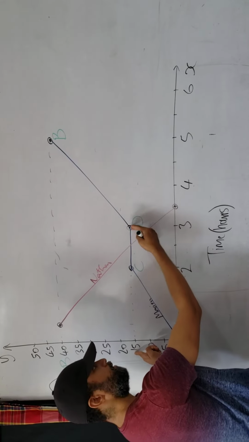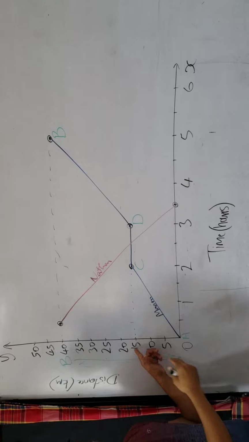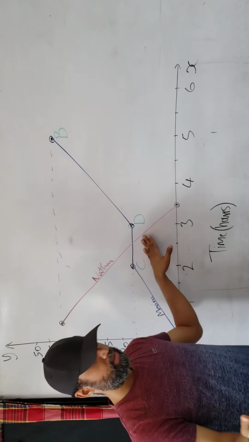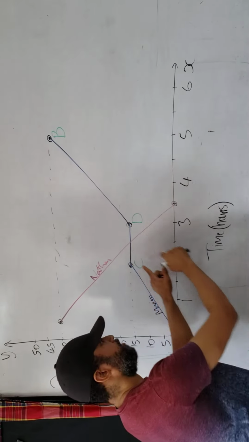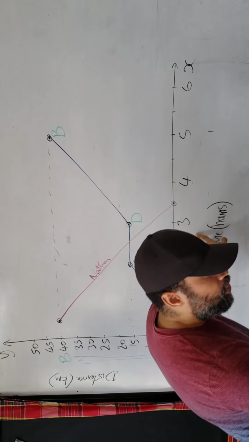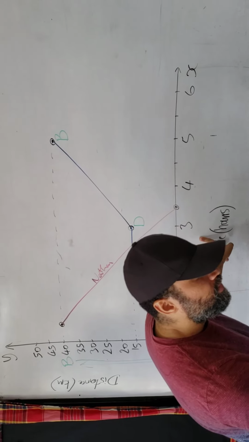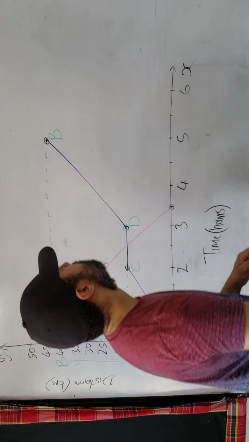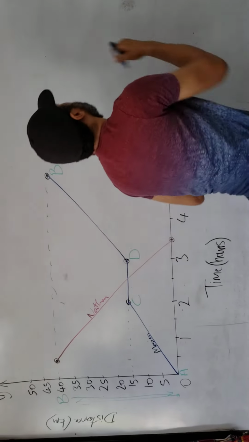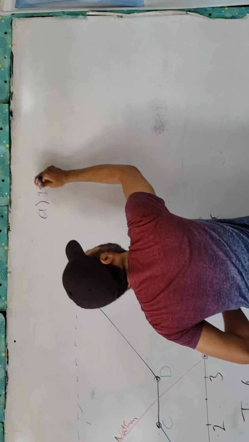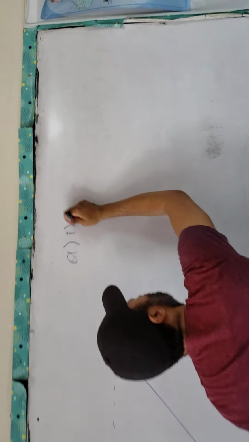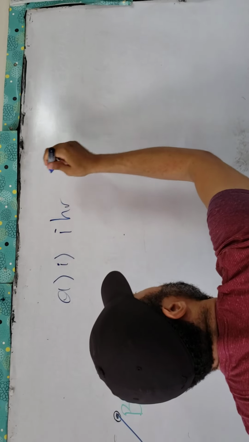At 3 hours, Marion is still 15 kilometers. Obviously, Marion has stopped. Marion has rested for this section from 2 to 3. So the length of time Marion rested is 1 hour. Part A, 1 hour. Marion rested.